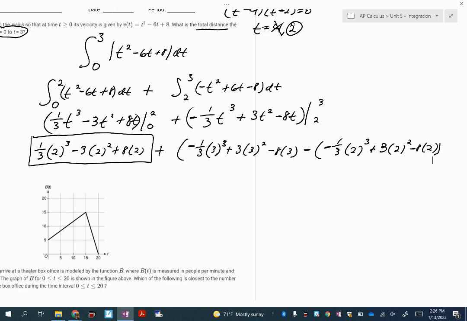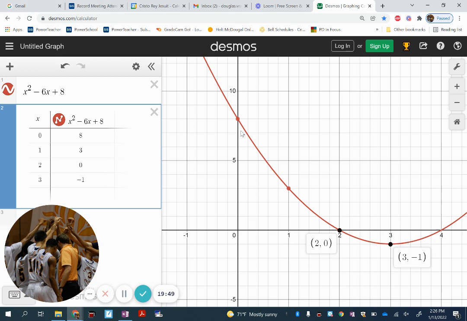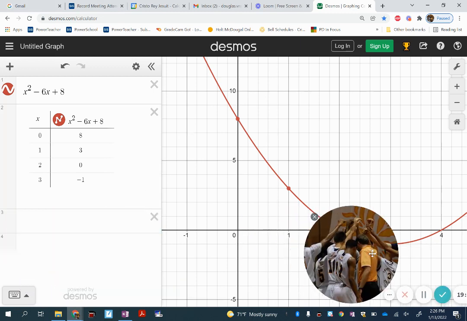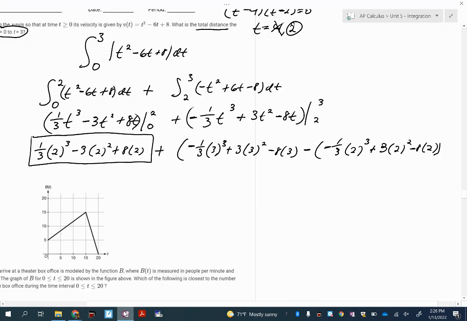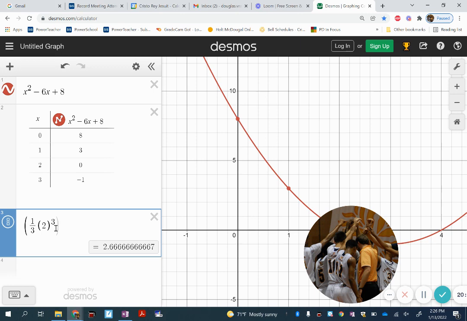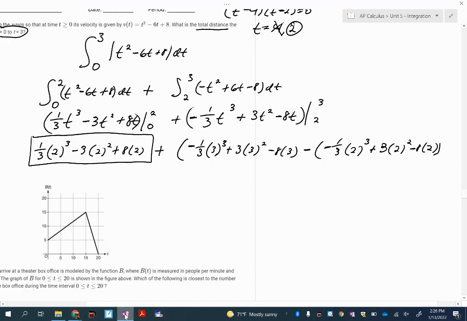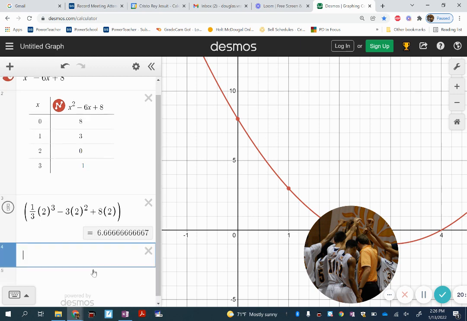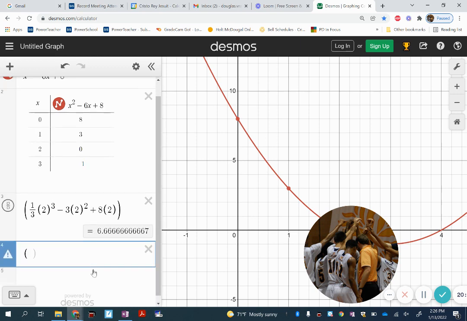All right, so I'm going to start with 1/3 times 2 cubed, and then minus 3 times 2 squared, and then I think it's plus 8 times 2. Let me confirm. Yes. Okay, so that's the first piece. Here's the second piece I'm going to add to that first piece.